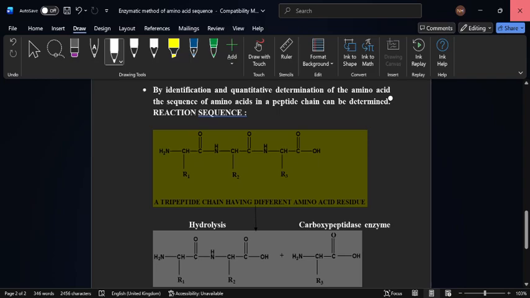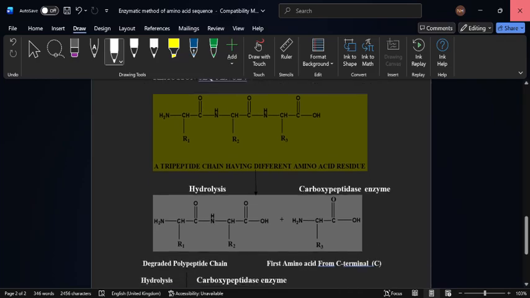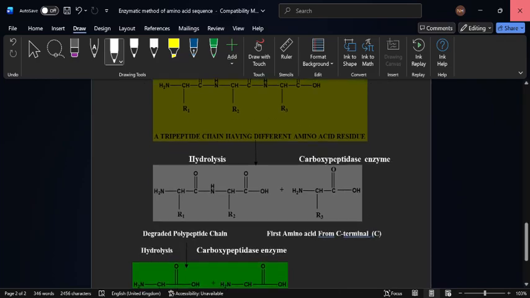Here is the example. You can see you have a reaction sequence. You have an example of a tripeptide. When it is subjected to carboxypeptidase enzyme, hydrolysis takes place, and you can see the first amino acid is liberated.